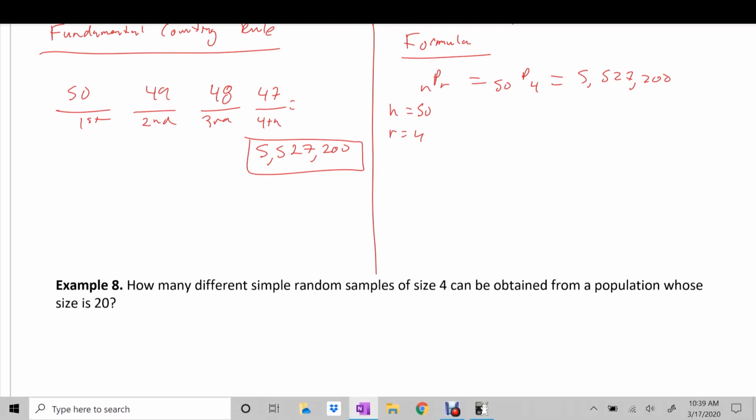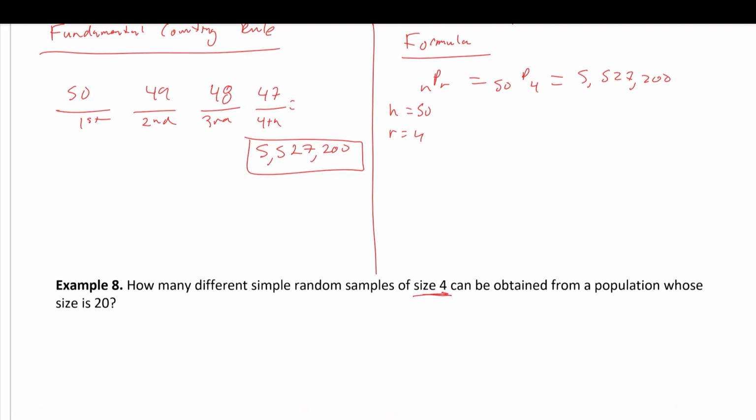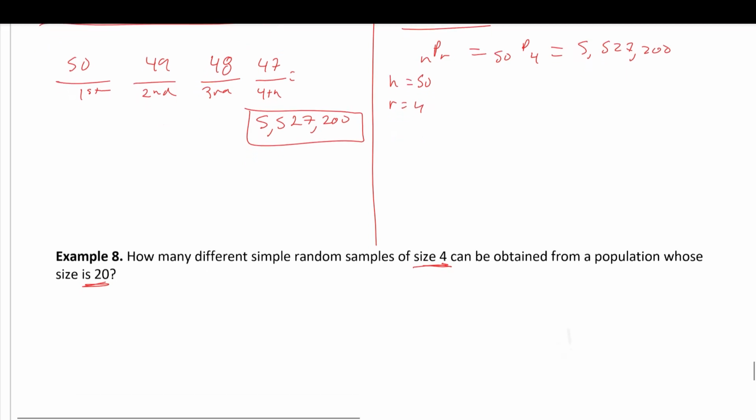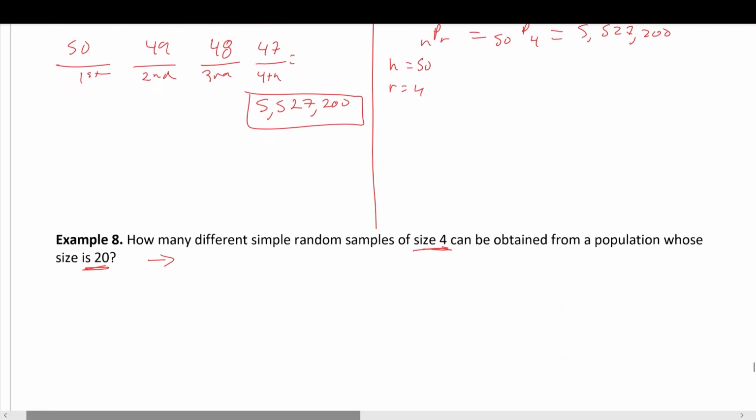Okay, so we're taking a sample of 4 from a population of size 20. Now, do they mention anything about a specific order or positions that we're placing these 4? It's kind of an abstract problem, just 4 items. Well, no. Order does not matter.